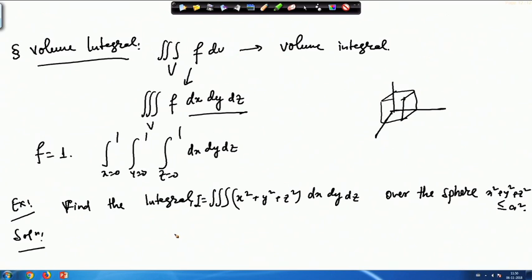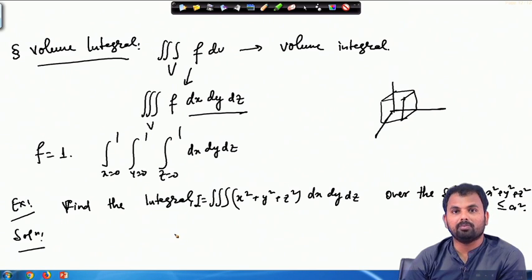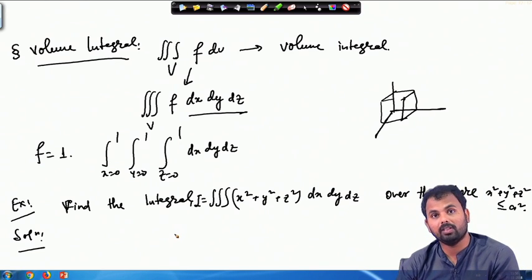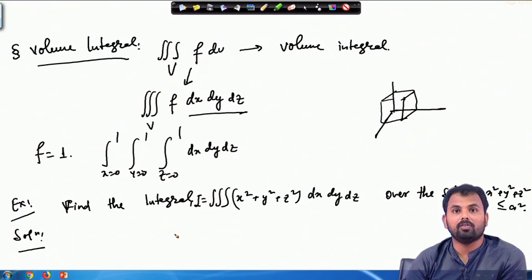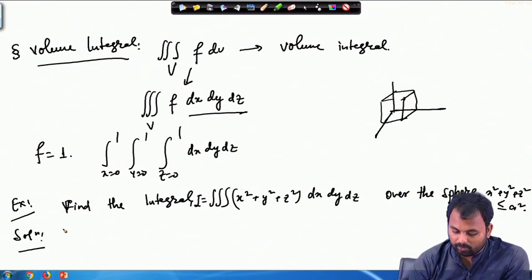Here in this case also we will do some substitution. Because we are dealing with a function of three variables, we have to use a spherical polar coordinate system, which involves r, theta and phi.